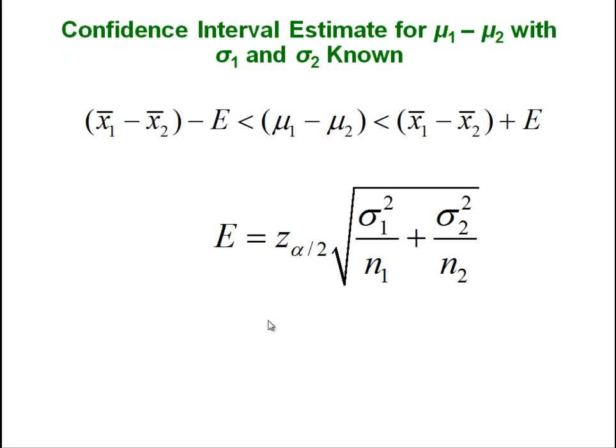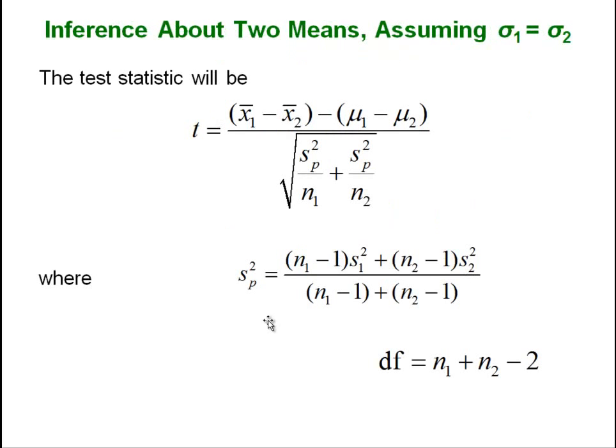Here's the confidence interval for that situation. Again, a z instead of a t, and a very similar calculation. Instead of s's, we're using sigmas. And then for the other situation where we once again don't know sigma 1 and sigma 2, right? The population standard deviations are unknown, but we're now going to assume them to be equal. It's kind of a silly thing to do, but sometimes it's done.